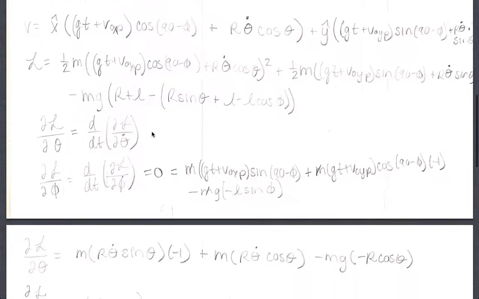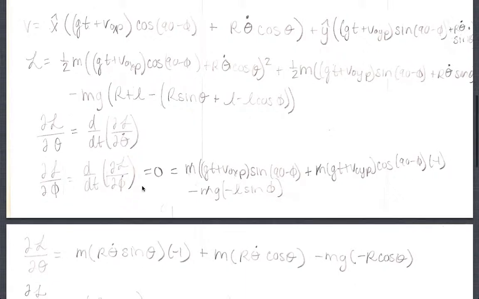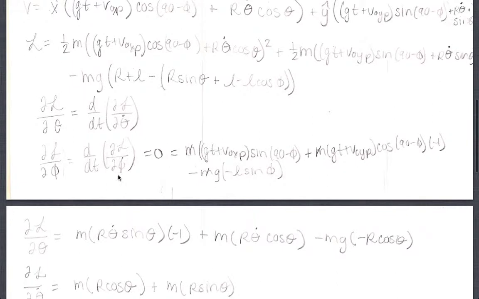And then to put it into the Euler-Lagrange equation, I found dL/d theta. It should be equal to d/dt of dL over d theta dot, and the same for phi and phi dot, but we don't have any phi dot terms, so phi dot is 0.